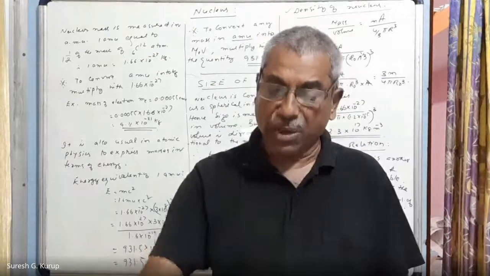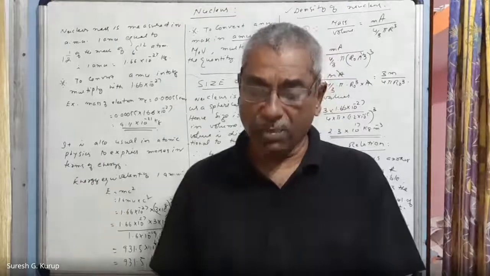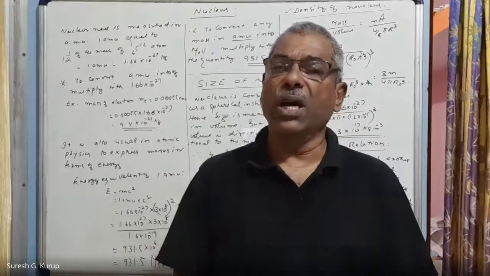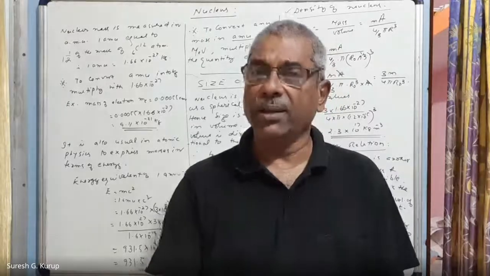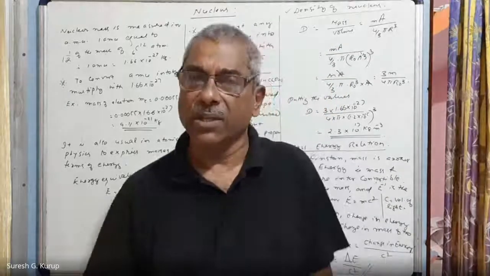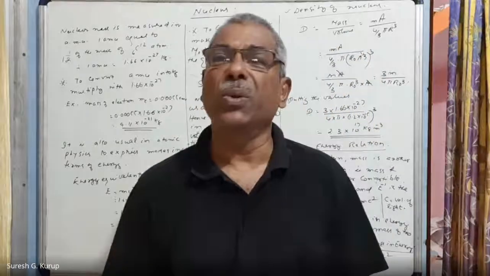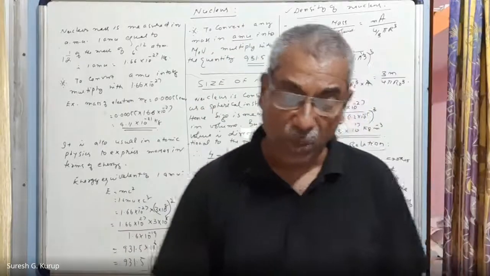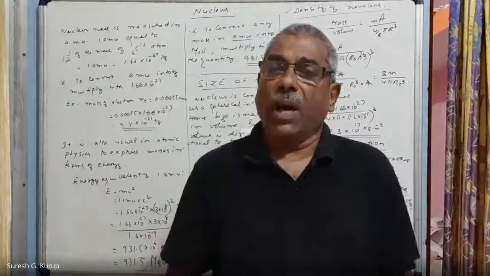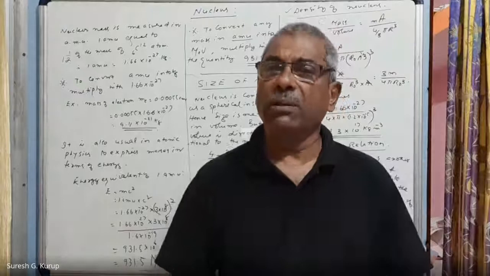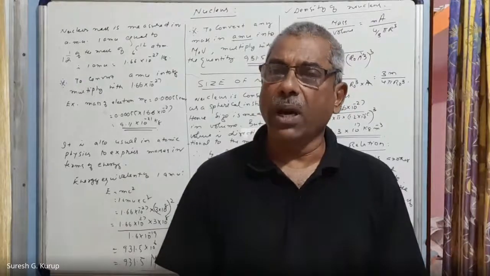Atomic masses, most of the time, are measured not by using the conventional units of mass like kg, grams, etc. But they are measured in terms of a special unit called atomic mass unit. An atomic mass unit is 1/12th of the mass of a carbon atom.